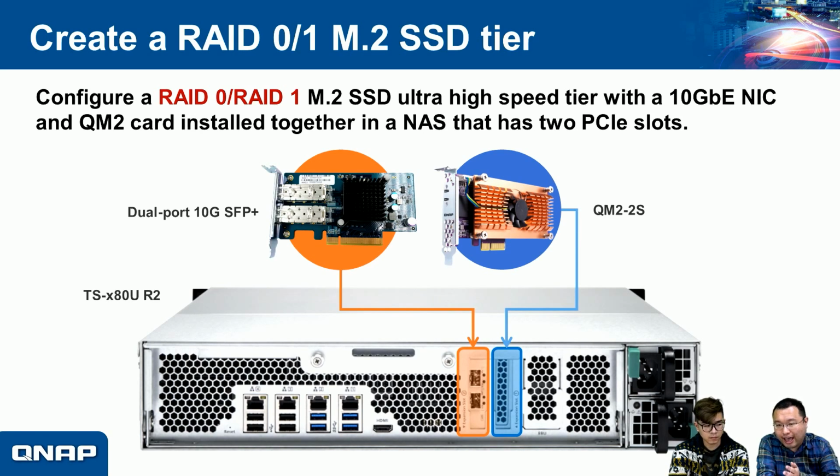To get the maximum 10 gigabit performance, you can add this QM2 card, the QM2-2S or 2P, then add the SSDs, and you can help accelerate your 10G performance with RAID 0 or RAID 1.